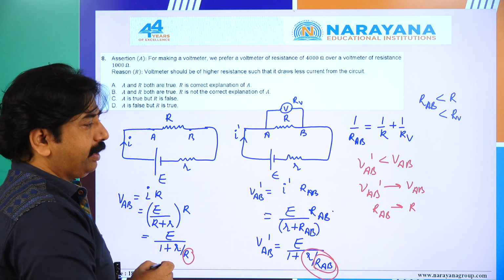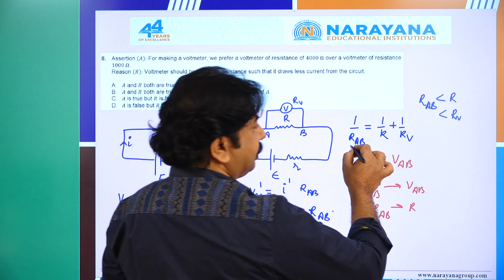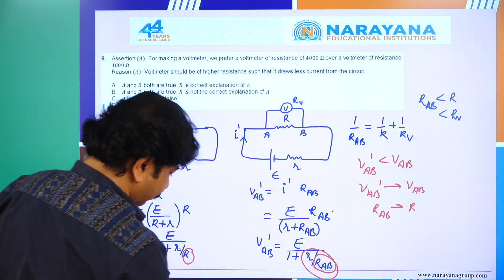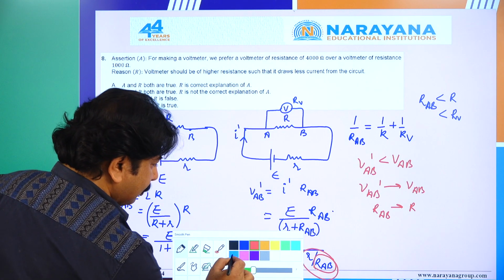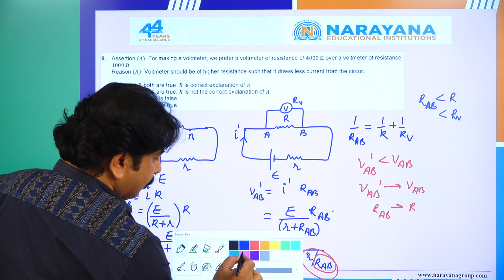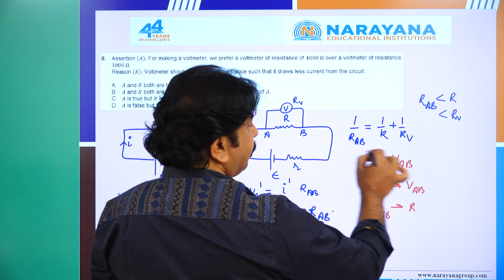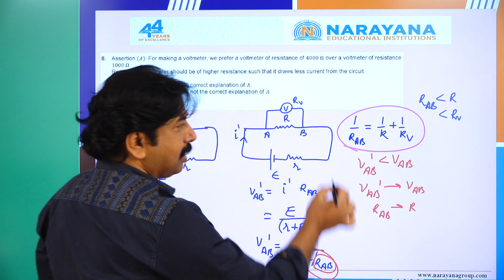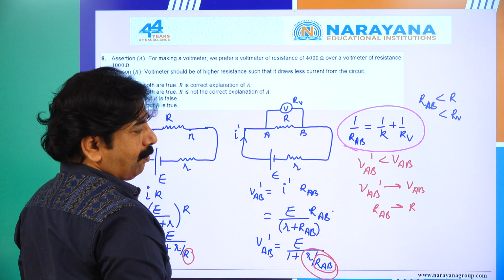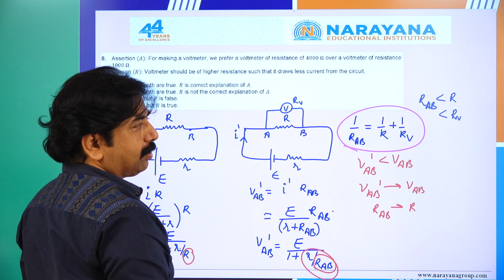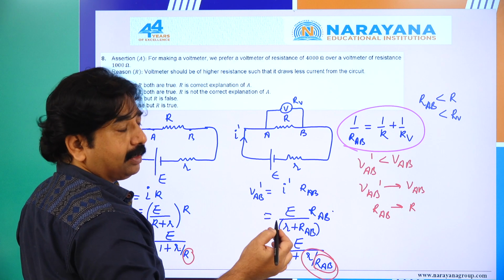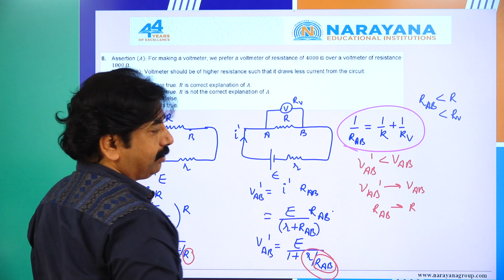But concentrate on this factor also: RAB tends to R when RV is at infinity.